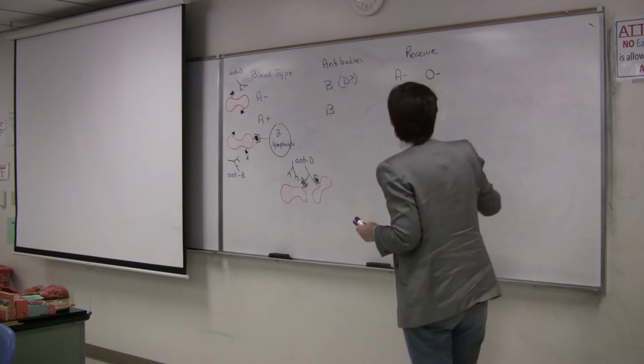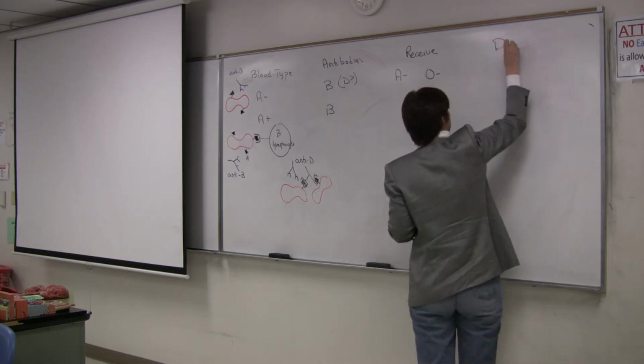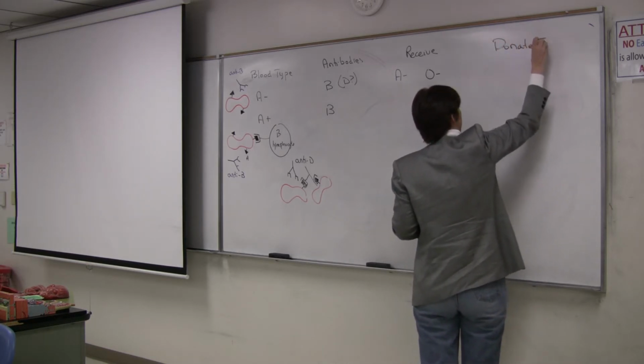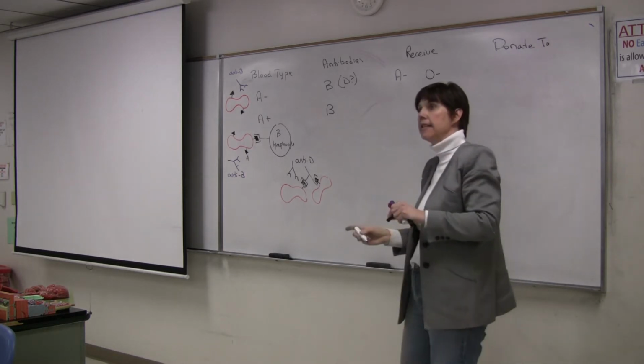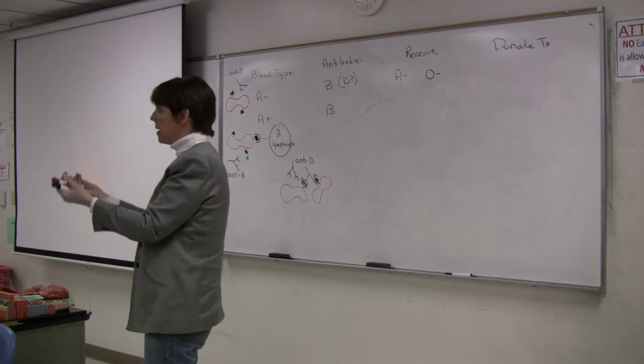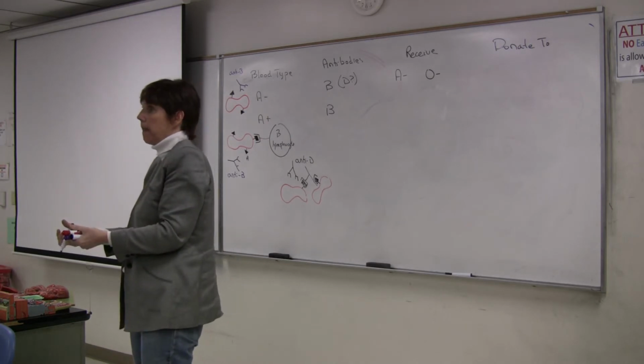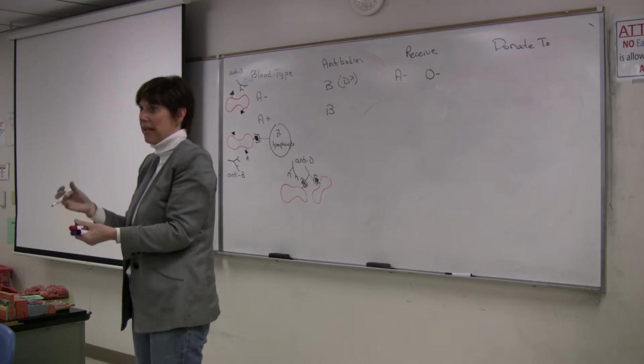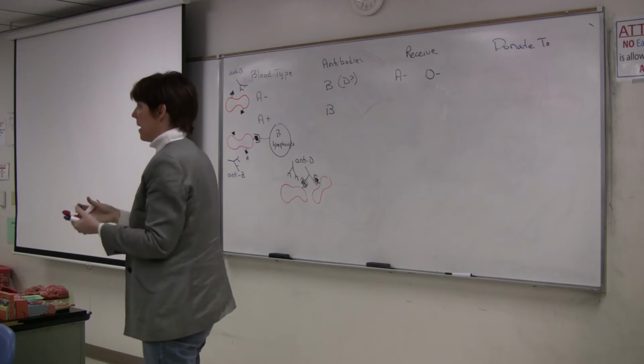Okay? Now, what can you donate to? Again, the thinking is you don't donate to anybody that has antibodies against you. It's always the receiving blood that we're looking for the antibodies and making sure that those aren't going to be affected.